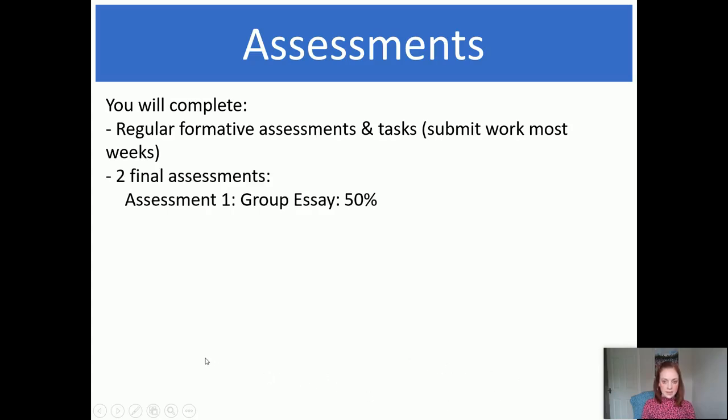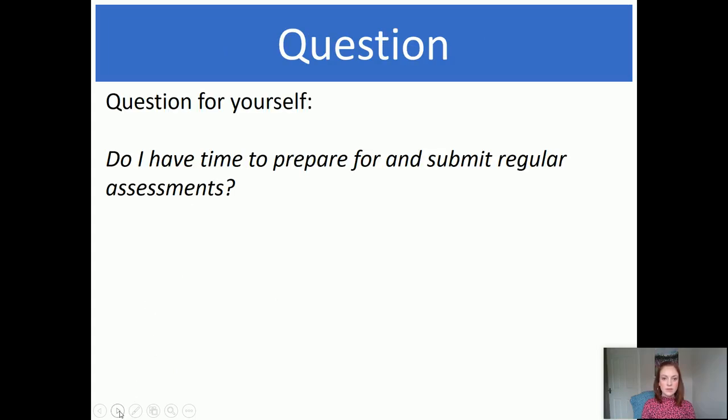It's an essay worth 50%. And the second one is an individual presentation, also worth 50%. So here's my next question. Do you have time to prepare for and submit regular assessments? These are a really important part of the work that you would do on the course as well.